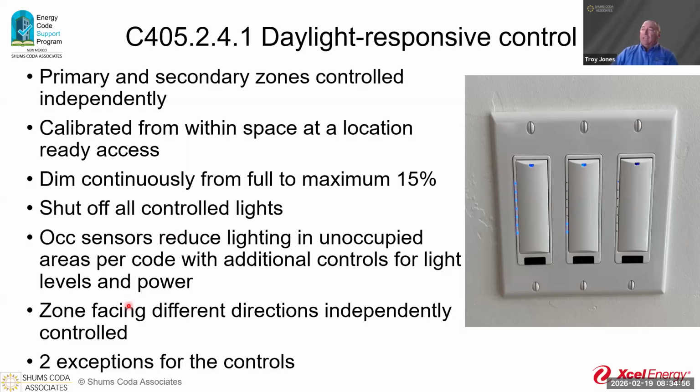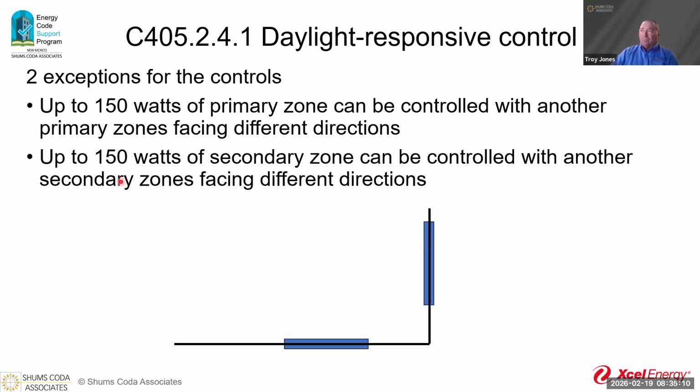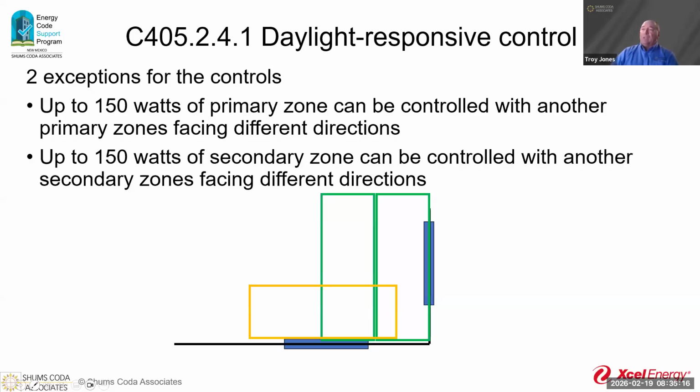If we have independently faced monitor directions, then they have to be controlled independently. And then again, we're back to our two exceptions for the controls. If we have the 150 watts, it can be controlled by either one. So this is the same as what we have going on with the regular windows.